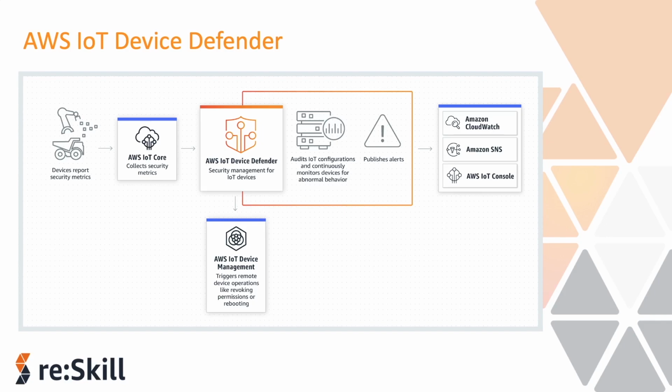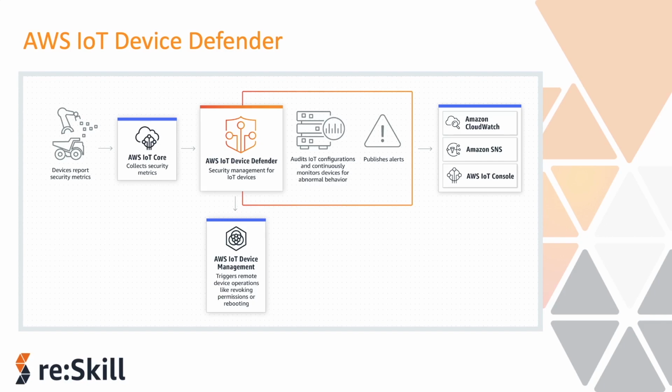So it needs to be addressed and that device needs to be blocked. It's basically like a firewall based on our predefined rules, or we can have a machine learning based Device Defender.